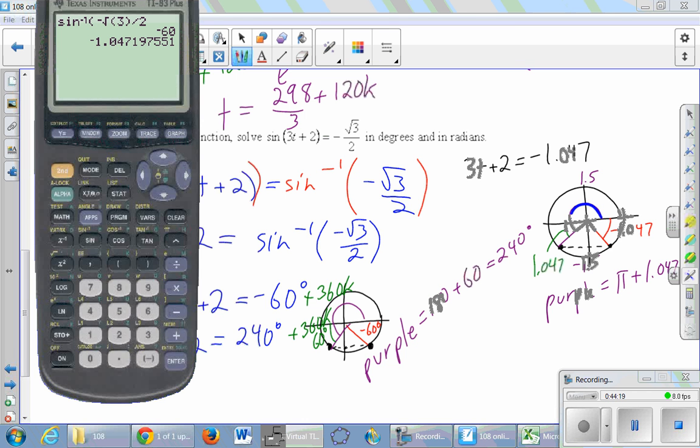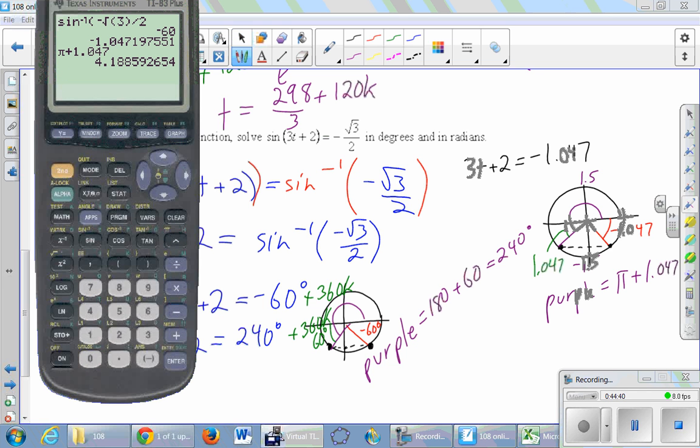So that's half a revolution plus the green. Okay, and so we can type that in the calculator. So we can do second pi plus 1.047, 4.189. Okay, so we've got our two fundamental answers here, 4.189 and negative 1.047.